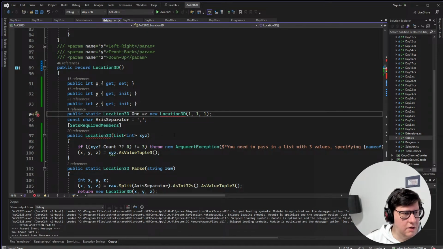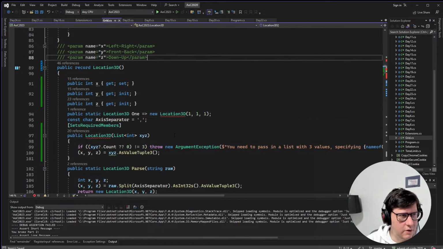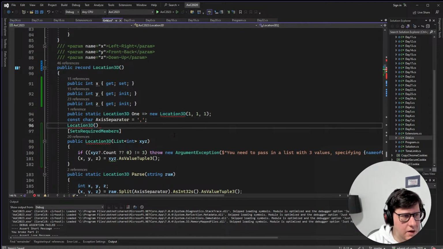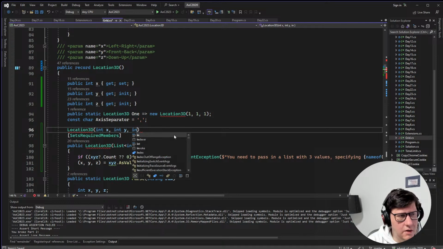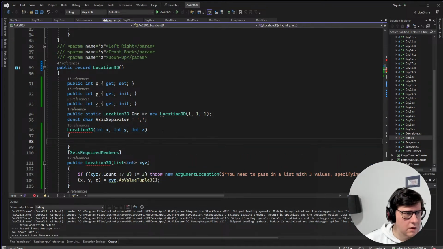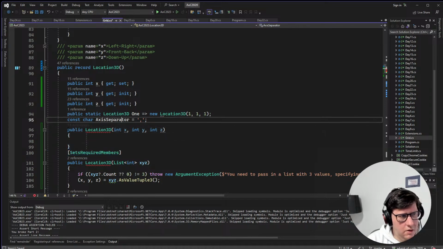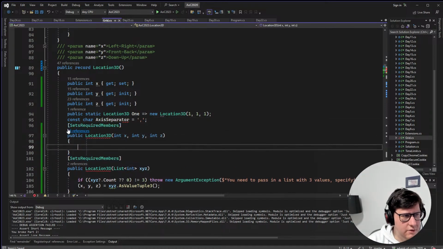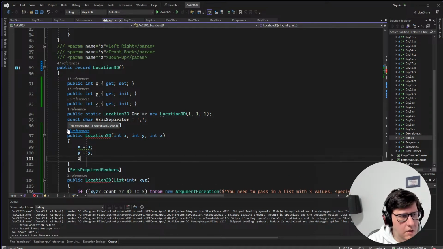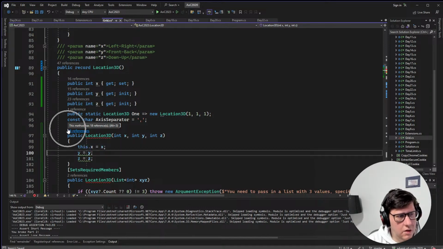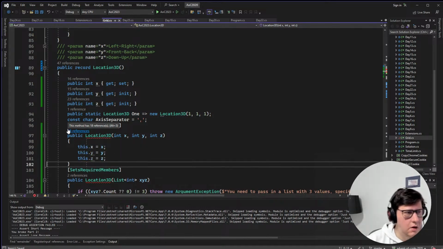And now I can also make the constructor as it was before with xyz: int x, int y, int z. Make sure that I satisfy those. X is x, y is y, z is z. Okay.